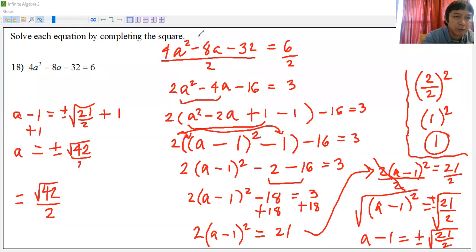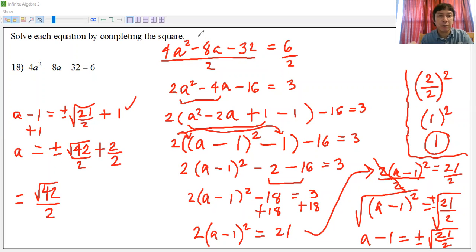And the denominator is rationalized. Okay, so we have square root of 42 over 2 plus 2 over 2. Because we can convert that 1 to 2 over 2, making it with the same denominator. There. Okay, so we can have just divided by 2, over 2, like that.